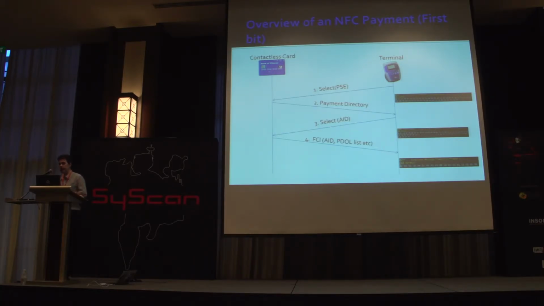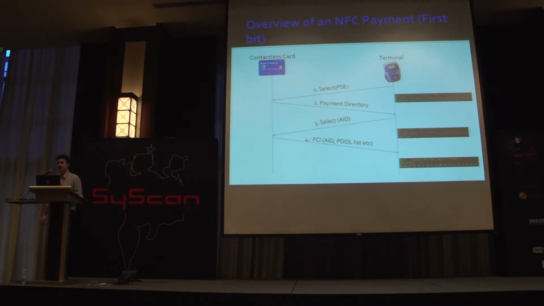Here you're looking at the select PSE, which is the payment system environment. That's an entry basically saying we are a banking card. Normally this is a 2PAY.SYS.DDF01 or something like that. It's a fixed string that pretty much all cards, Visa, Mastercard, Amex, will use to identify that they're a banking card.